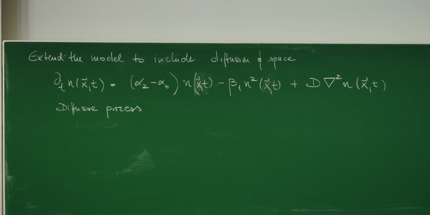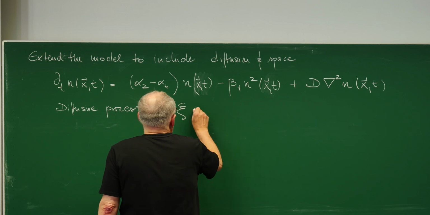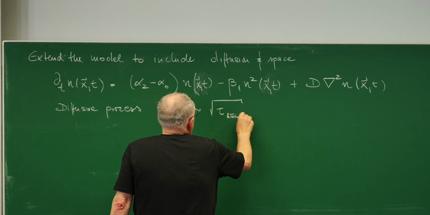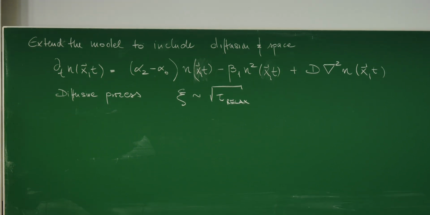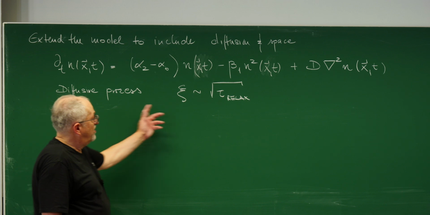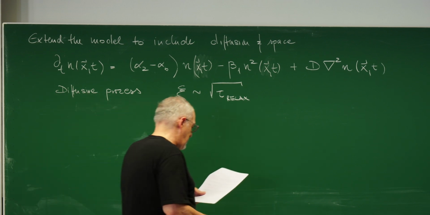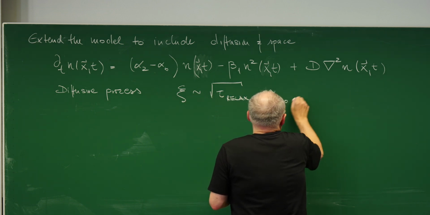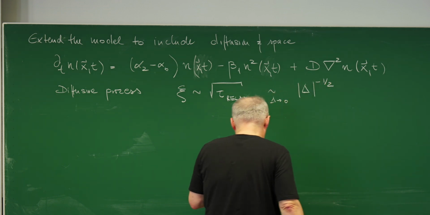So correlation length squared should be the relaxation time, or in other words, we have for this mean field model that any kind of length scale here has to go like the inverse of the corresponding time scale. So if we talk about the critical quantities, the correlation length and the relaxation time, they need to be related by so. And that means as delta goes to 0, this is delta to the minus 1/2.